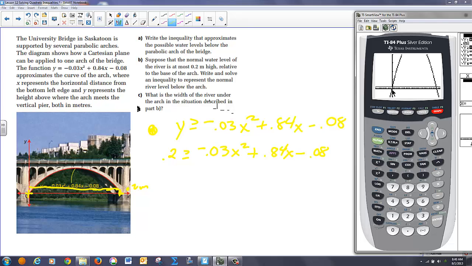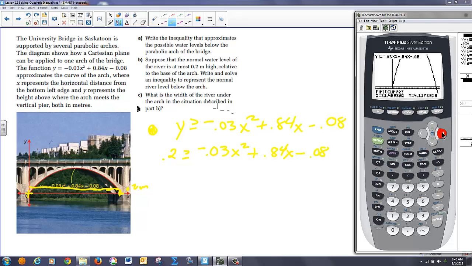And I want to find out where are these important numbers. So we're going to take and calculate an intersection, 5. And I want that blinking piece to show up somewhere.